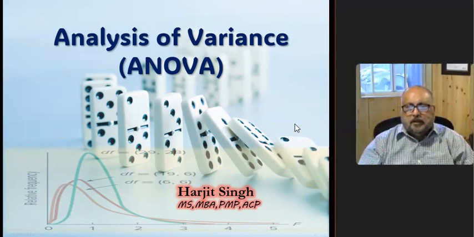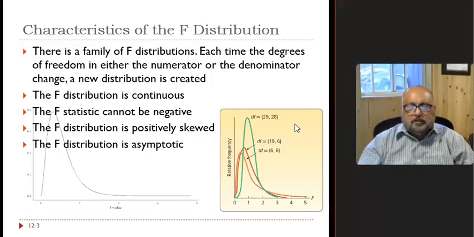So let's see what we can look more into this. So F distribution has several properties or characteristics that we need to consider. So the F distribution is positively skewed because it has a long tail on the right hand side. See this, when you have a long tail on the right hand side, this kind of distribution is called positively skewed.